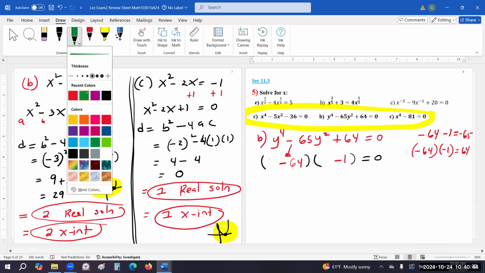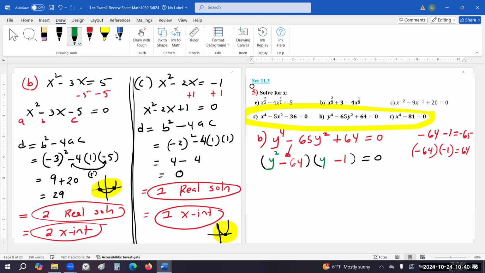Good. This time our variable must be the square one. Whatever we have in the middle, that always should be our variable in the factors. Okay, then our life is easy. We have y squared minus 64 equals 0 and y squared minus 1 equals 0. You have 2 choices.